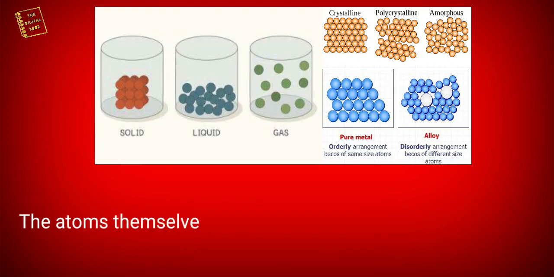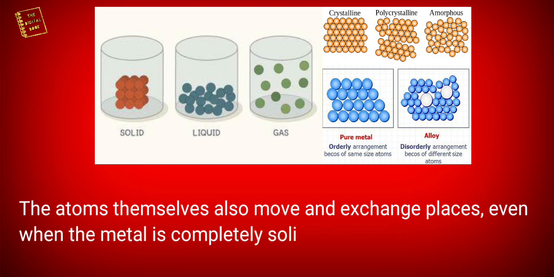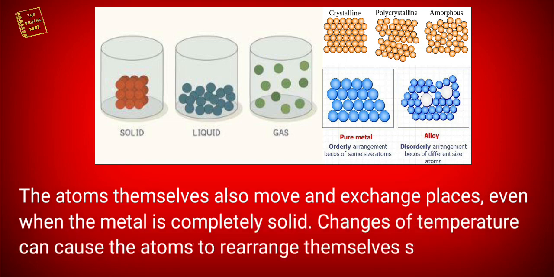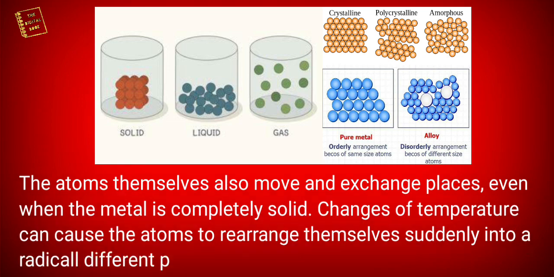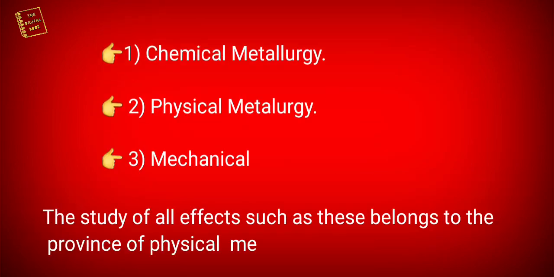The atoms themselves also move and exchange places, even when the metal is completely solid. Changes of temperature can cause the atoms to rearrange themselves suddenly into a radically different pattern of organization. The study of all effects such as these belongs to the province of physical metallurgy.